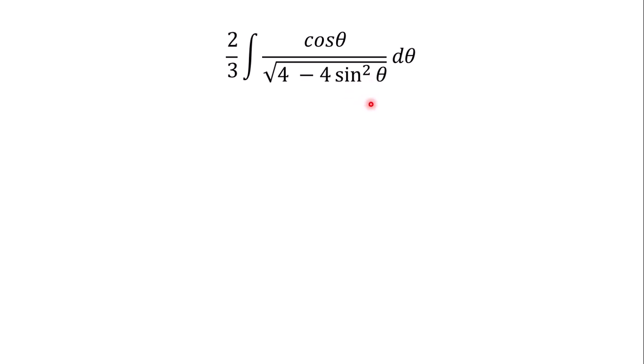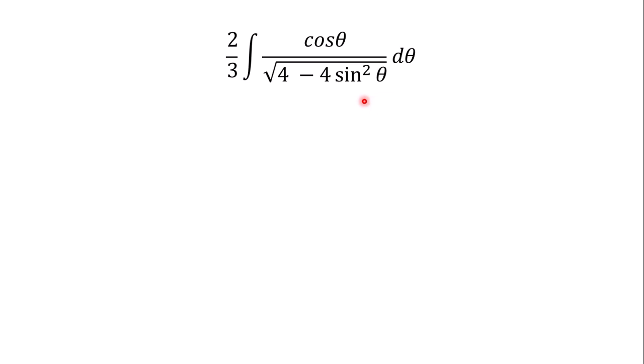And as I was saying, from the multiplication law, square root of a times square root of b can be written as square root of ab, and also square root of a times b can be written as square root of a times square root of b.